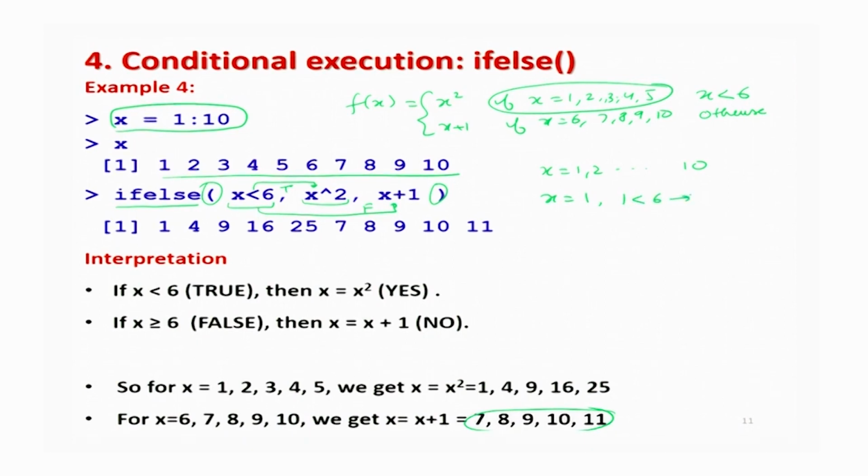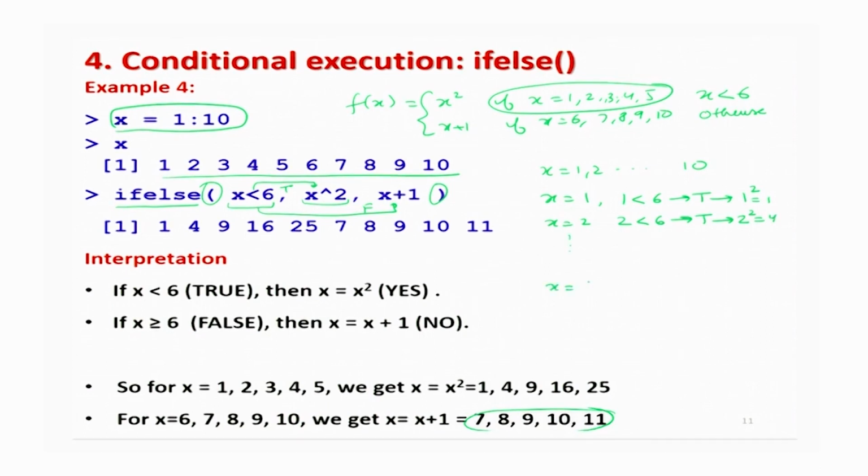The answer is true, so this will become 1 square, and the outcome will be 1. Similarly, it will come to the next value x equal to 2, and test whether 2 is smaller than 6 or not. The answer is true, and this will give an outcome 2 square, which is 4. And it will continue.